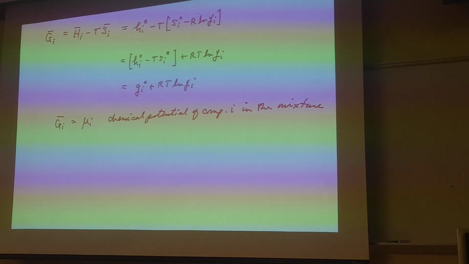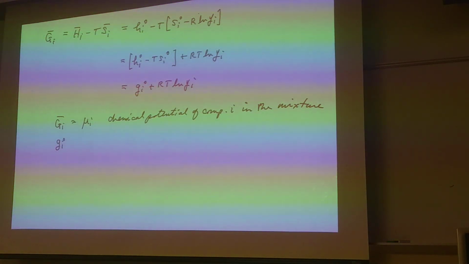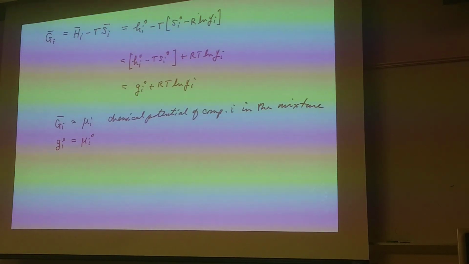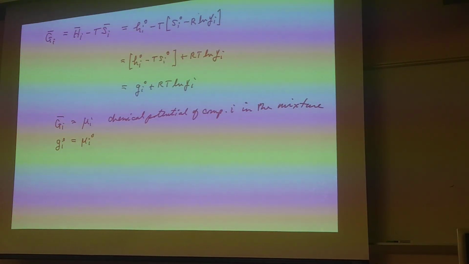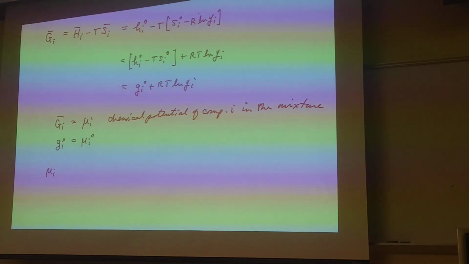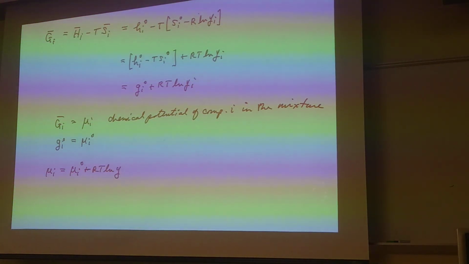And then I'll write also G_I^0 as mu_I^0, the chemical potential of the pure component, where the superscript 0 means pure. So the equation I've developed above says that the chemical potential, the partial molar Gibbs free energy, of a component I in a mixture or a solution is equal to its pure component value plus RT times the logarithm of its mole fraction.